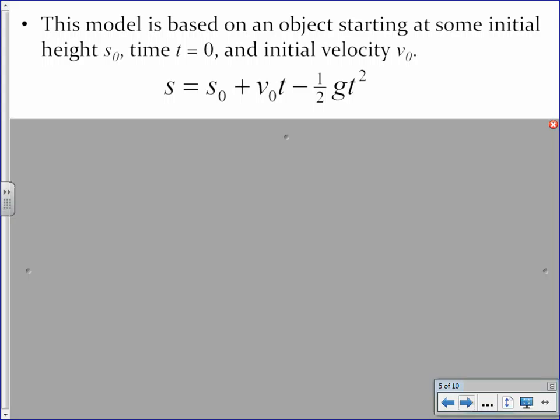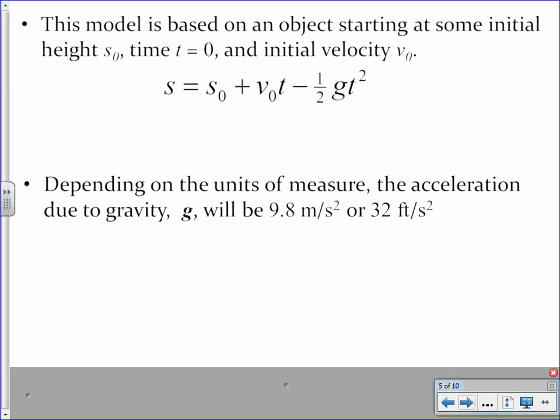For this class, you will have two different gravities you'll have to consider. For meters per second, if that's your velocity, then we have 9.8 meters per second squared as our acceleration. If we're working with feet per second as our velocity, then 32 feet per second squared is our acceleration.